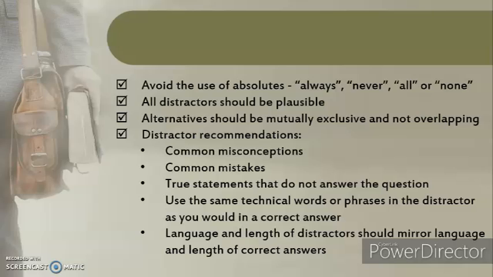And also we have to avoid the use of absolute words, for example, always, never, all, or none. And next, all distractors should be possible. And also alternatives should be mutually exclusive and not overlapping.